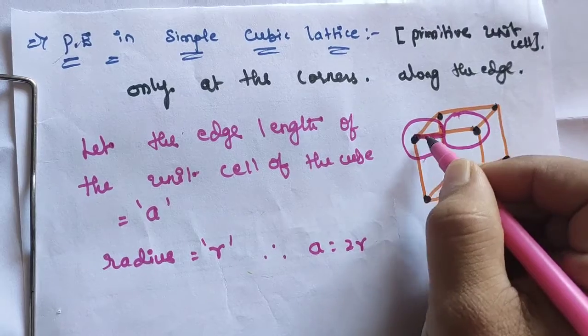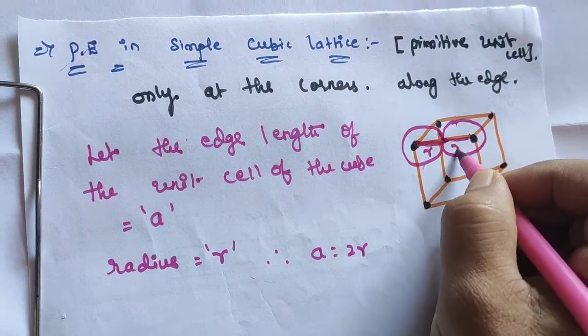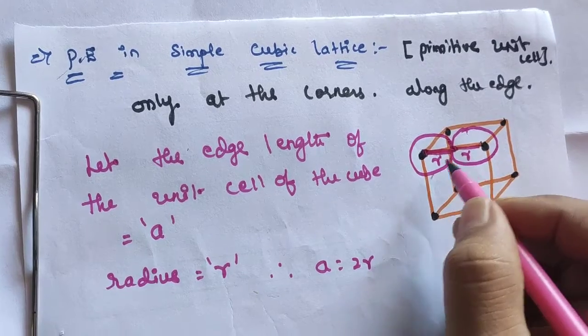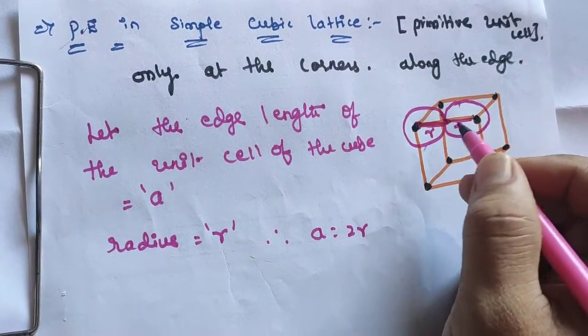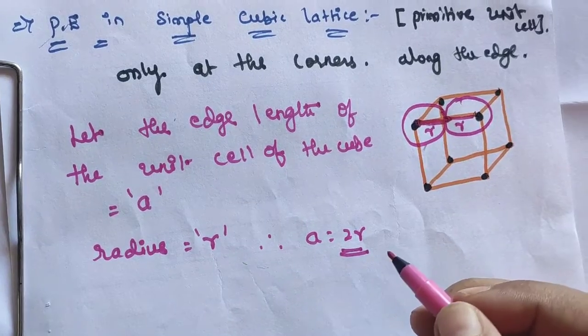From here to here it is 1r, and from here to here it is 1r. So the edge length a is equal to 2r.